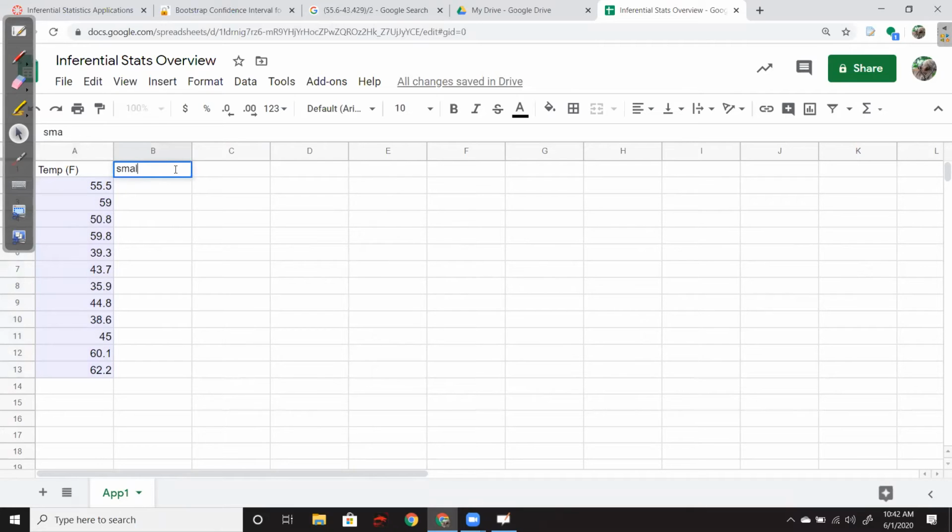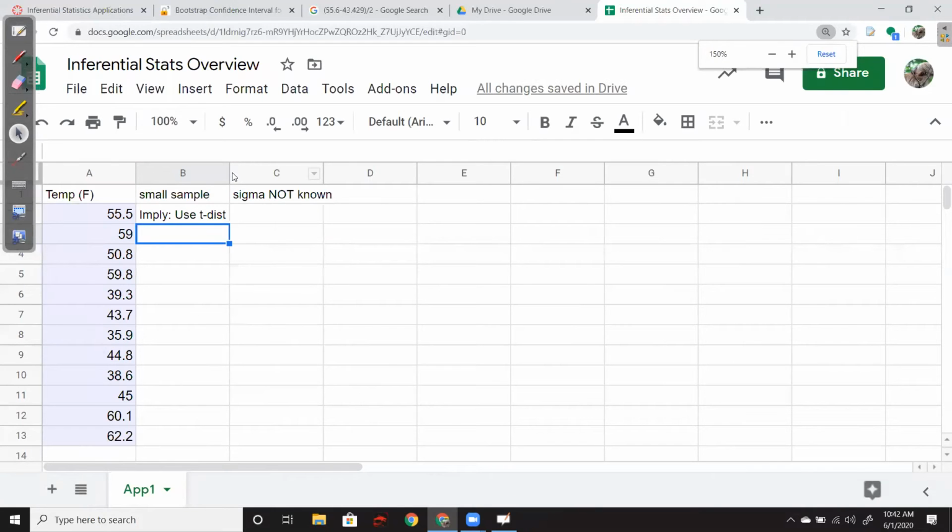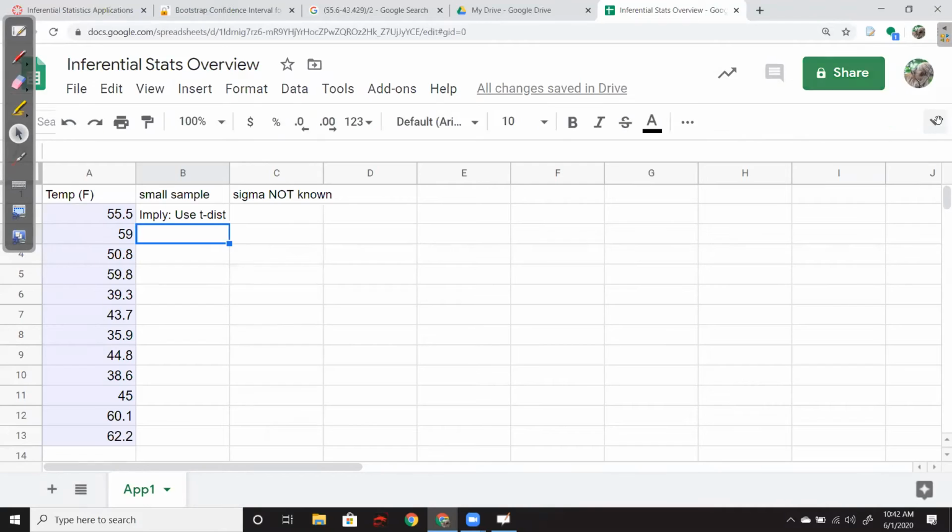I have a small sample, and I was given no information about the population standard deviation, so that is sigma, not known. And those pieces of information imply use t-dist, not the normal dist. And let me blow that up a little more. Hopefully that's readable. And let's see, I don't think I need that up there.